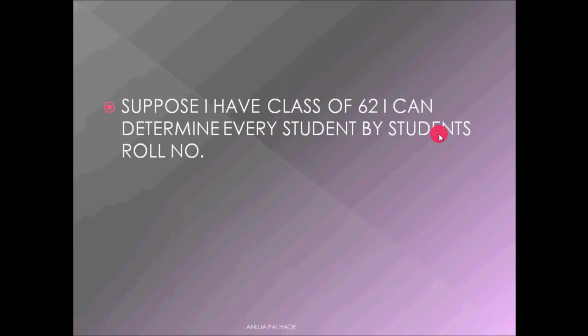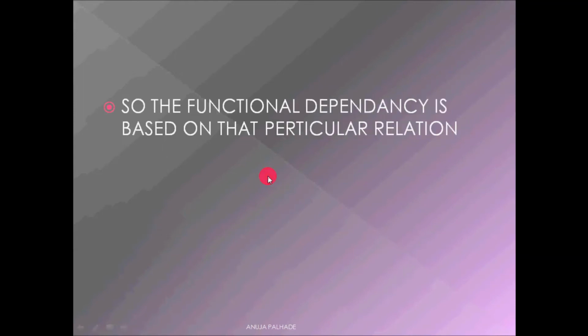If I ask where is roll number 35, only that particular student is going to come up. So this is functionally dependent in that case. But see the case with the slide. The functional dependency is based on the particular relation. It is totally dependent on that relation and that situation.